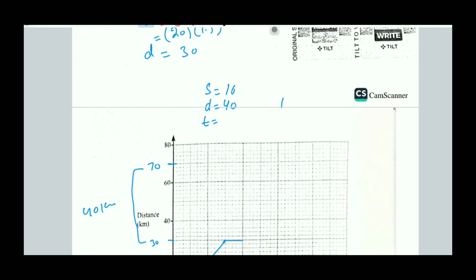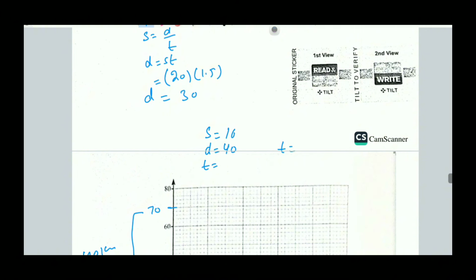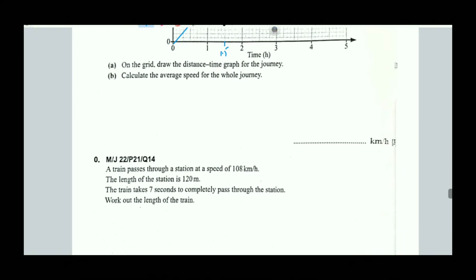So time is equal to distance over speed. Time is 40 and speed is 16. 40 by 16, 2.5.